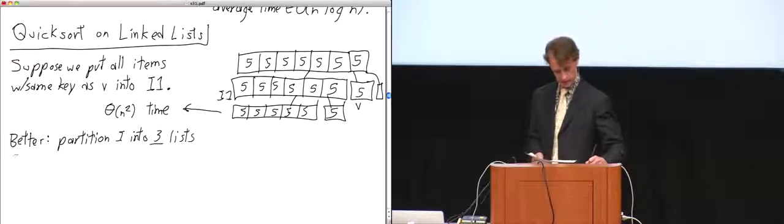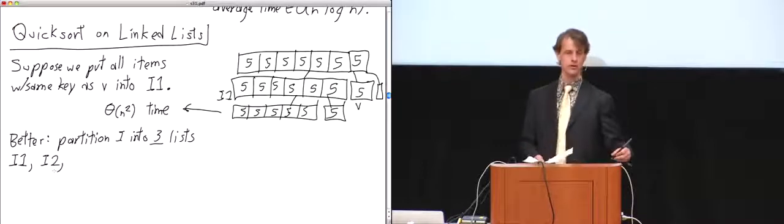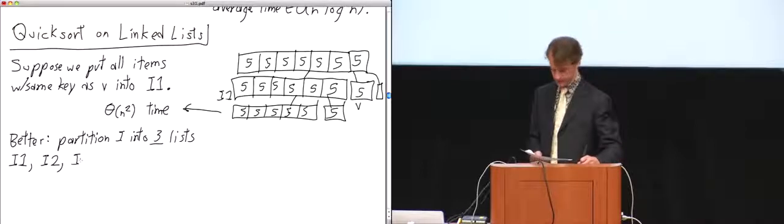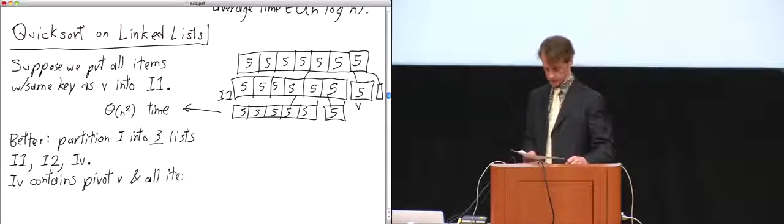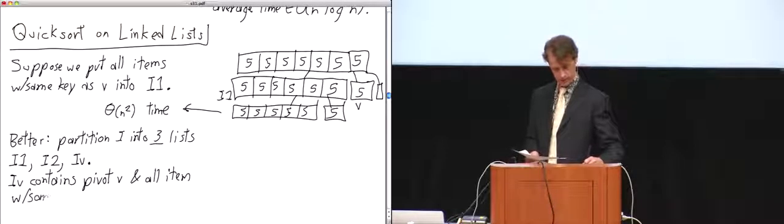Let's call them I1, items that are less than the key, I2, items that are greater than the key, and IV, which is going to be items equal to the pivot key. And what the hell, let's throw in the actual pivot too. So IV will contain the pivot, V, and all the items with the same key as the pivot.